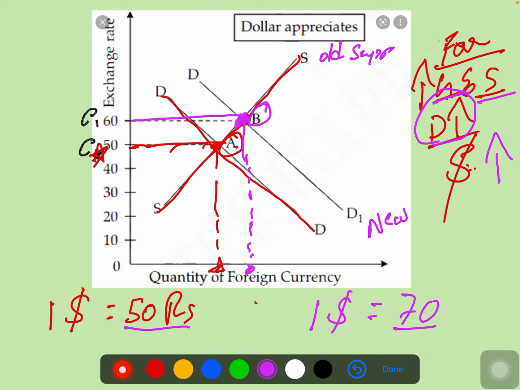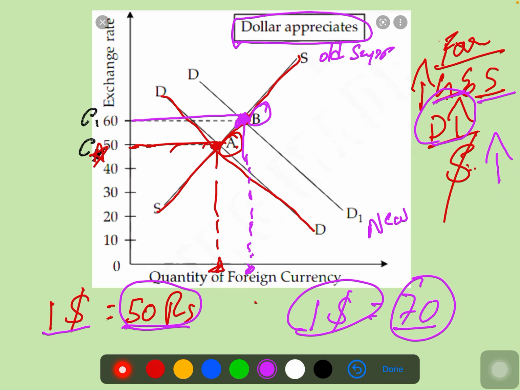This is called the dollar getting appreciated. Another country's currency got appreciated because first you could buy $1 at the price of 50. Now to purchase the same dollar, you have to pay 70 rupees. For you it is very costly. So for the dollar, it can be considered as appreciation.